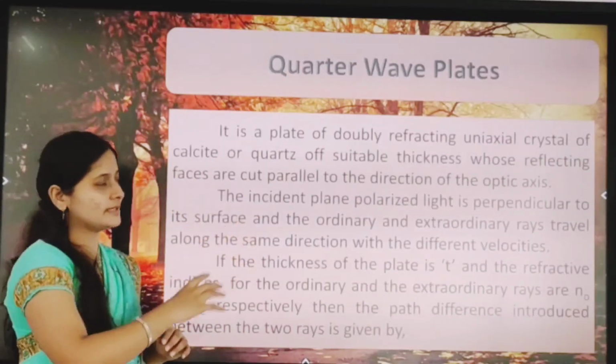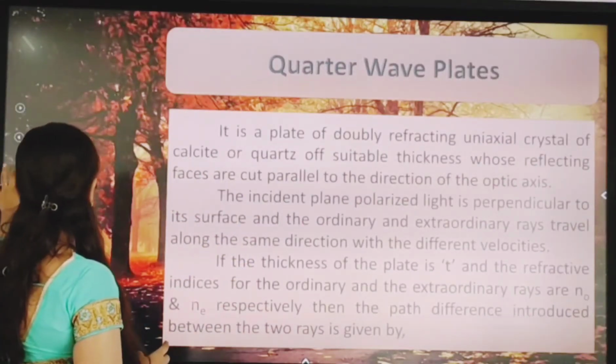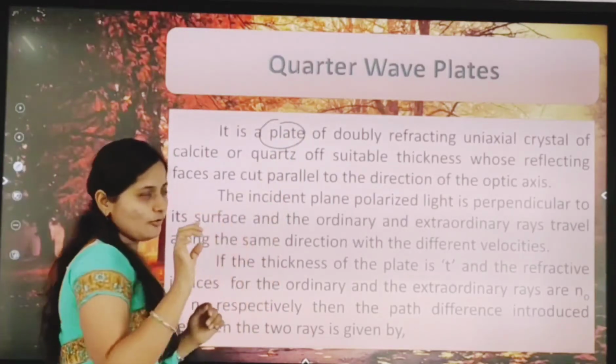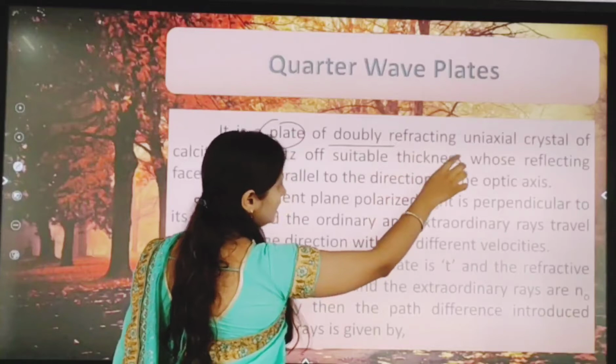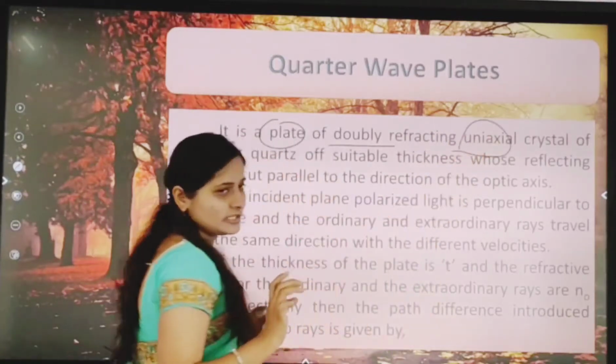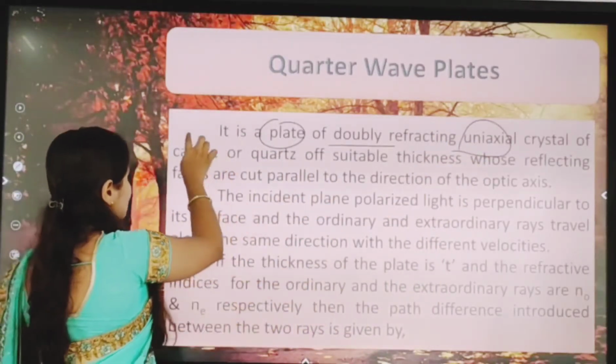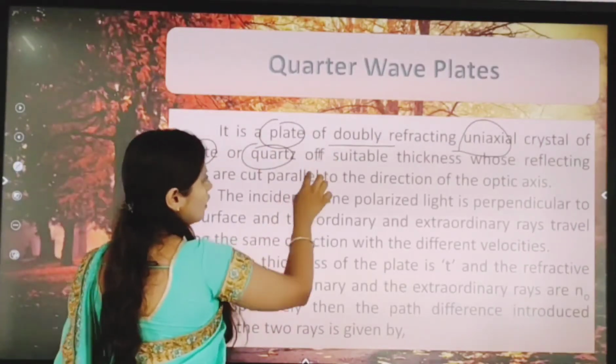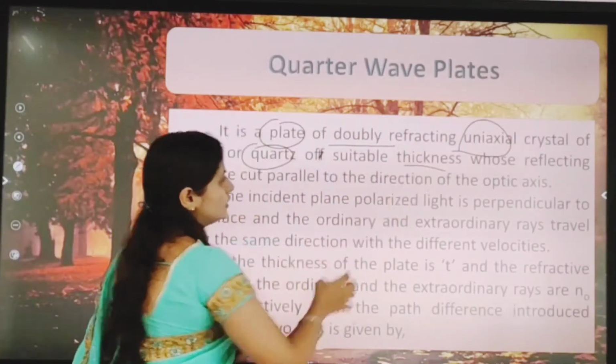Of which type of crystal? Calcite or quartz, of suitable thickness.